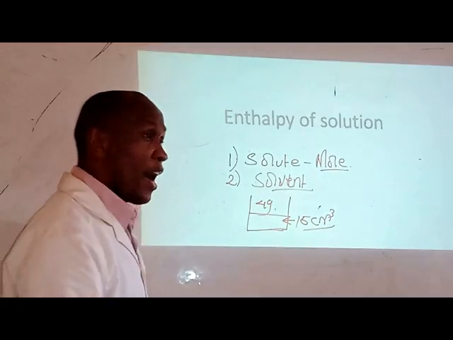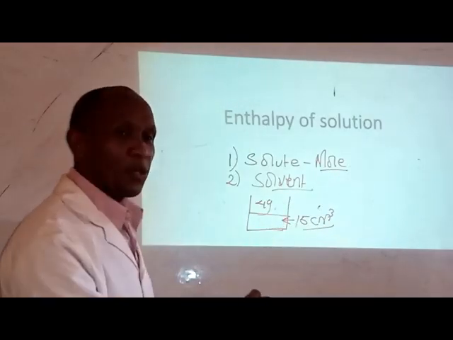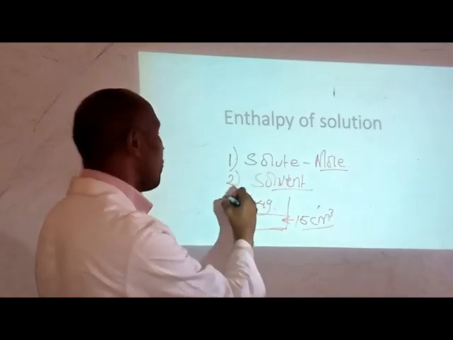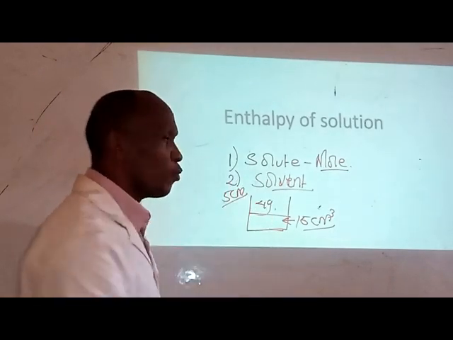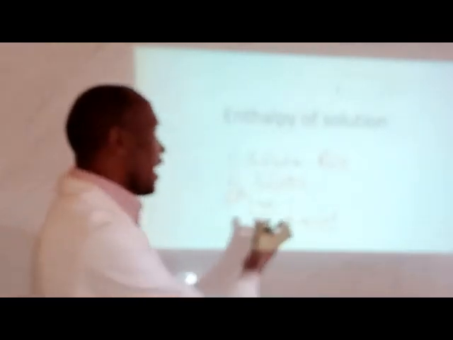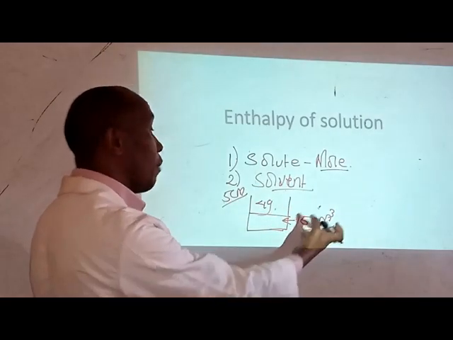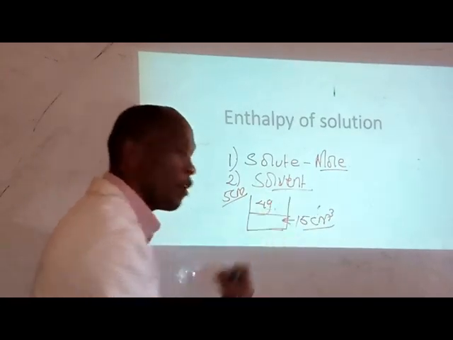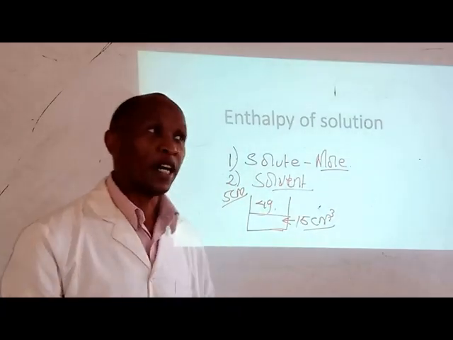Then I allowed that solution to cool. Then I added 5 cubic centimeters of water. Now what was I trying to see? Did I get all the possible amount of energy when I dissolved the 4 grams of sodium hydroxide?